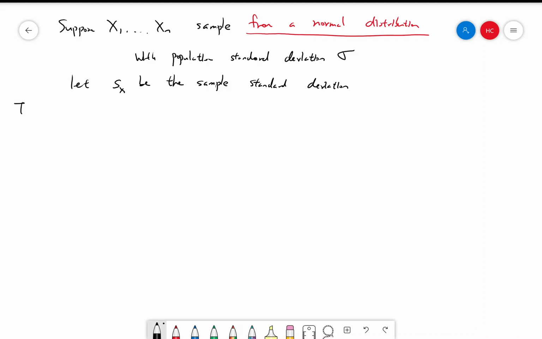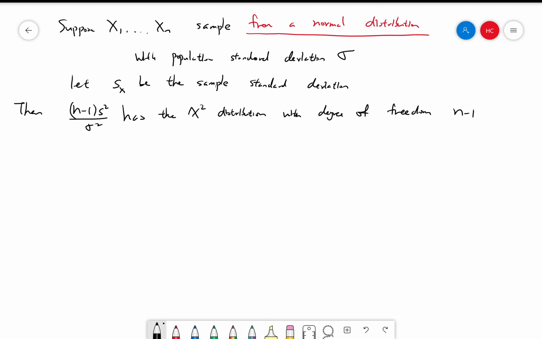Then the quantity n minus 1 times s squared over sigma squared has the chi-square distribution with degree of freedom n minus 1.